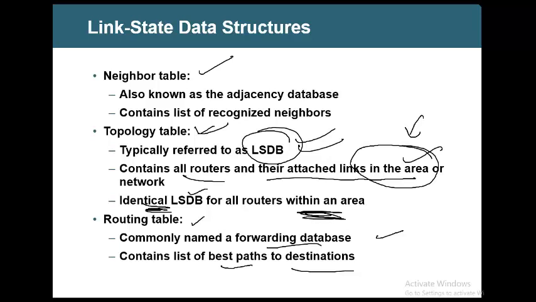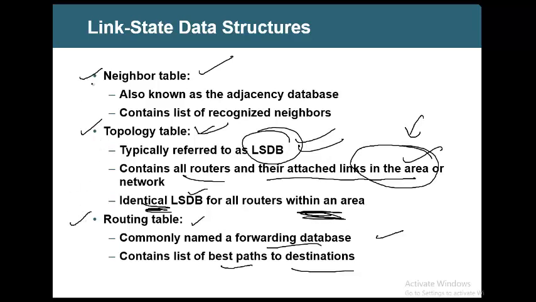Don't expect them to be the same. Though it is an India map, it won't be the same. Within an area, the LSDB is going to be the same. So that is the topology table.